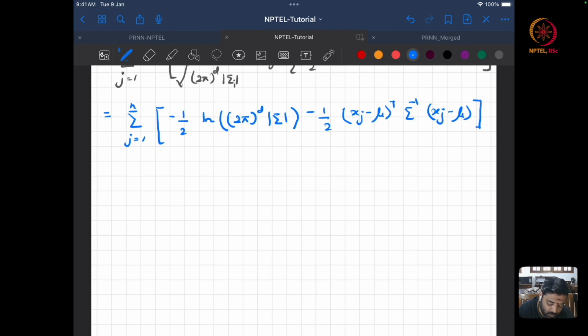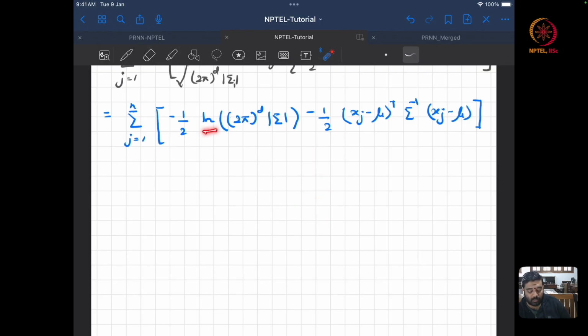Now you can take this summation inside, but the question is, you have a scalar in this case. This whole thing is a scalar. Now you have to take the partial derivative with respect to mu, which is a vector, and then sigma, which is even a matrix.